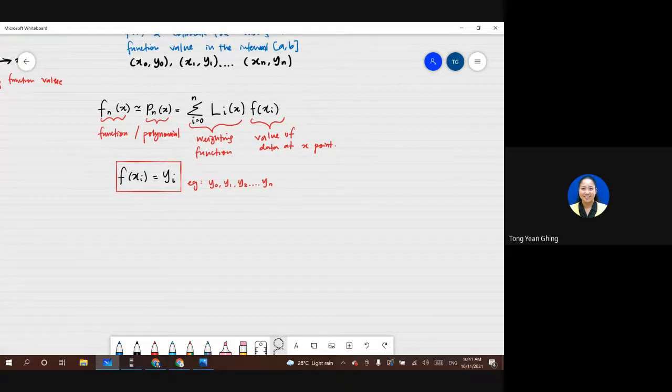Okay, just now we mentioned the weighting function. What is this weighting function?